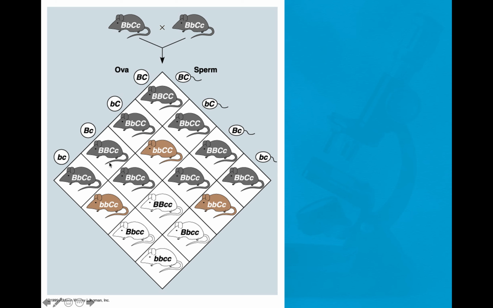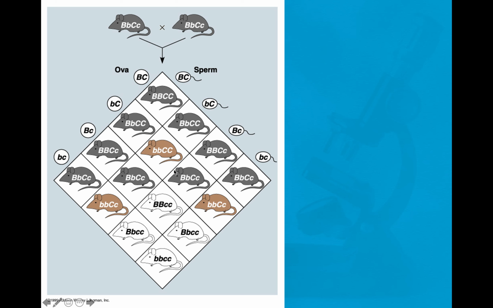Okay, so here we have another example, and actually one of your problems does this, except it switches the epistatic gene and puts it first, I believe. So you do have to be careful with that. It's like black and brown mice. The brown is also known as a agouti. And then two lowercase a's are going to be albino. Here they use lowercase c's as the second gene, and again that's albino.